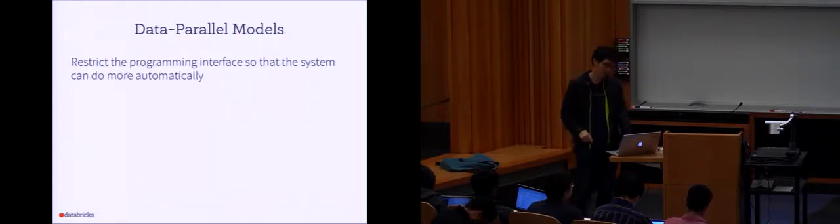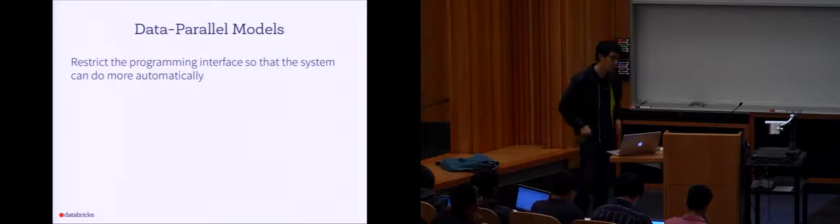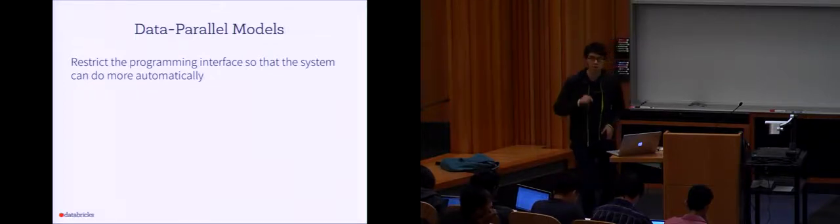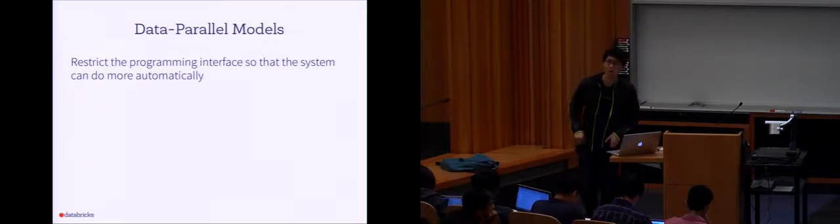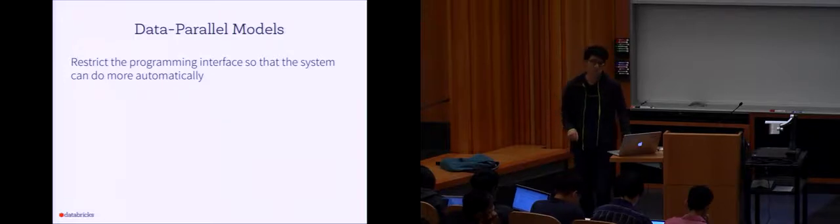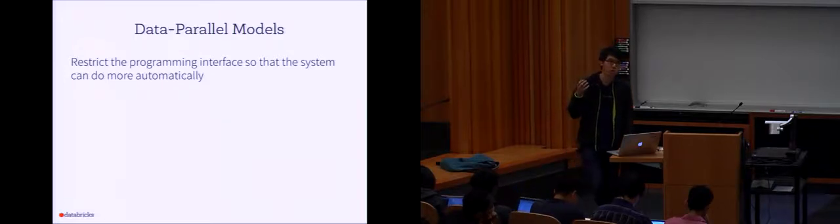What has become more dominant nowadays is what you call a data parallel model. What the data parallel model does is provide a more restrictive programming interface. Rather than letting you run an arbitrary topology or program or architecture, I'm going to give you a restricted programming model.